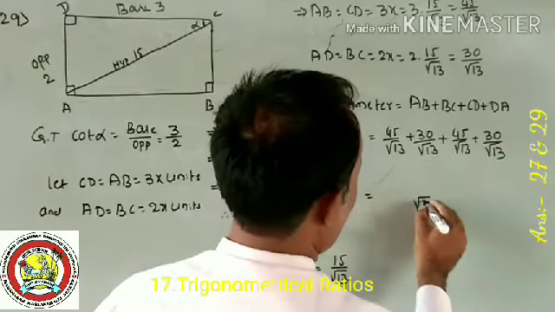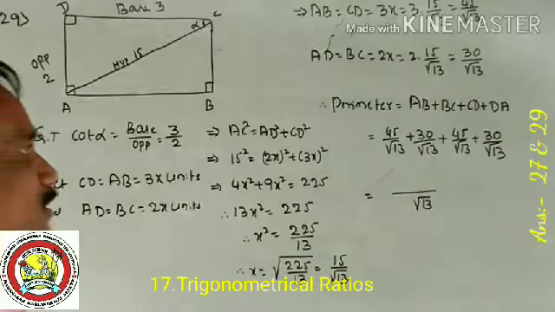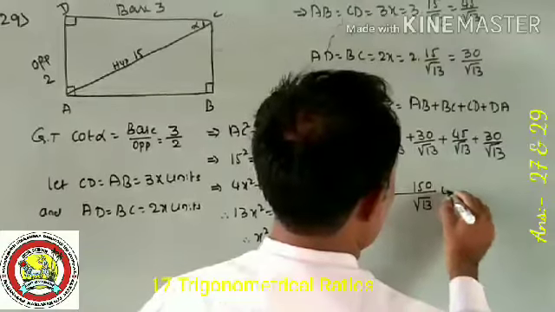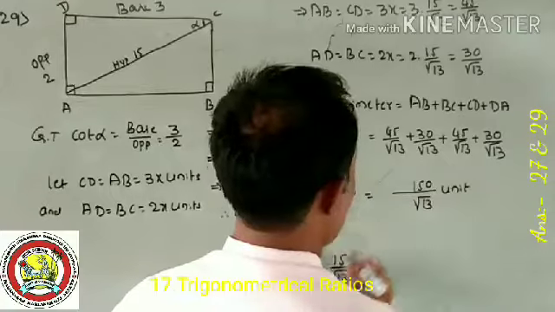As root 13 is common in the denominator, 45, 30, 75 plus 75. So totally 150 divided by root 13 units. So this is the perimeter of the rectangle.